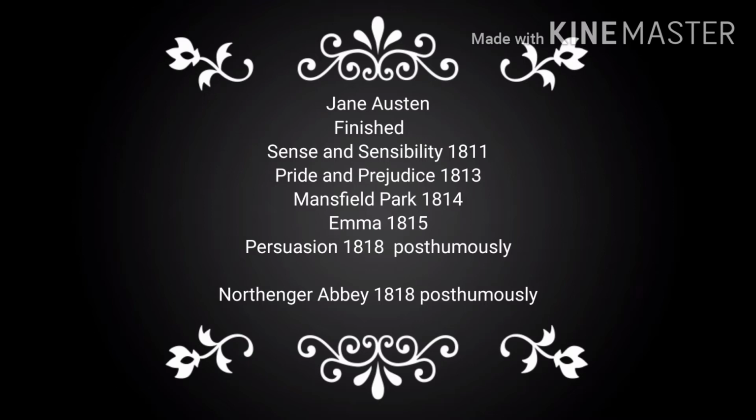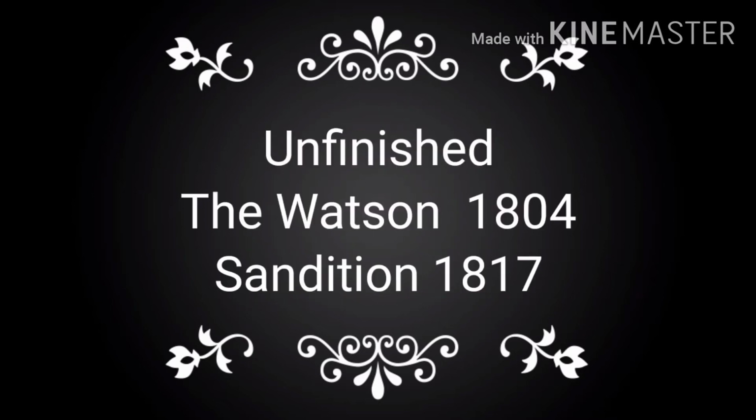The finished novels are Sense and Sensibility, published in 1811; Pride and Prejudice, 1813; Mansfield Park, 1814; Emma, 1815; and Persuasion and Northanger Abbey, 1818, published posthumously, that is after her death.